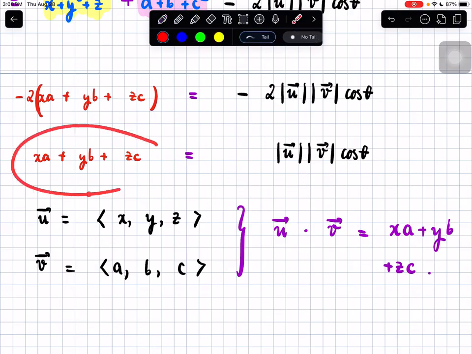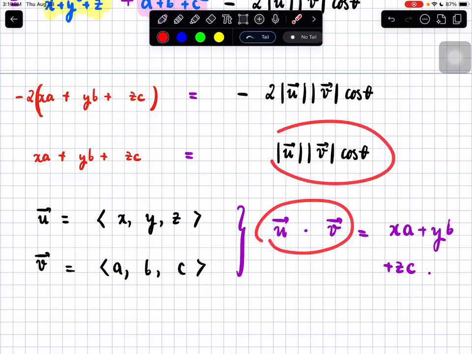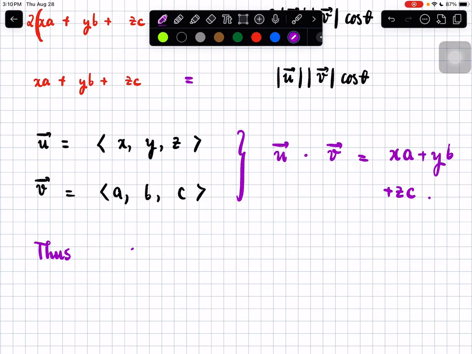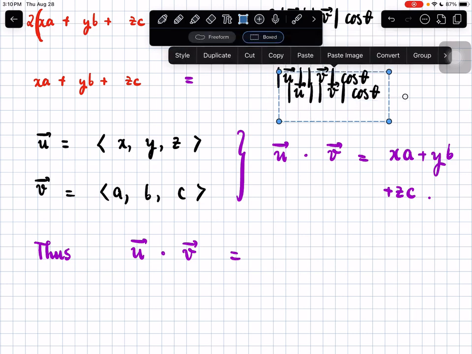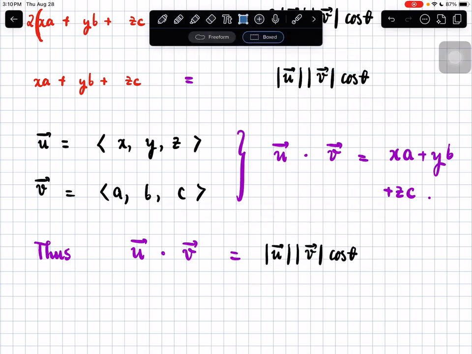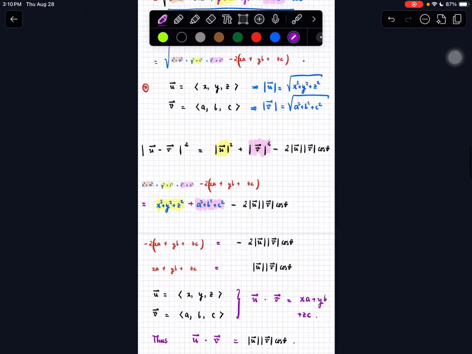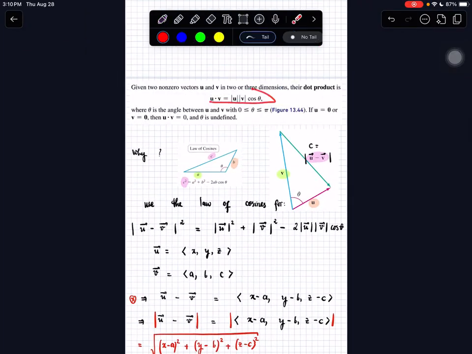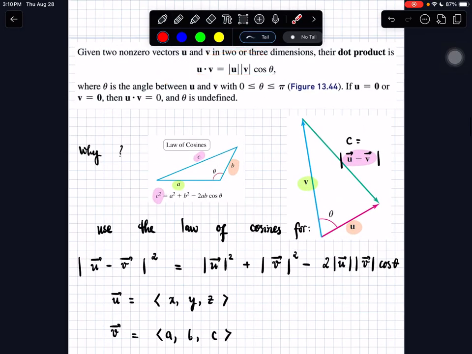So on the left we have u dot v, on the right we have length of u times length of v times cosine of theta. So this is what we needed to show, using the law of cosines.